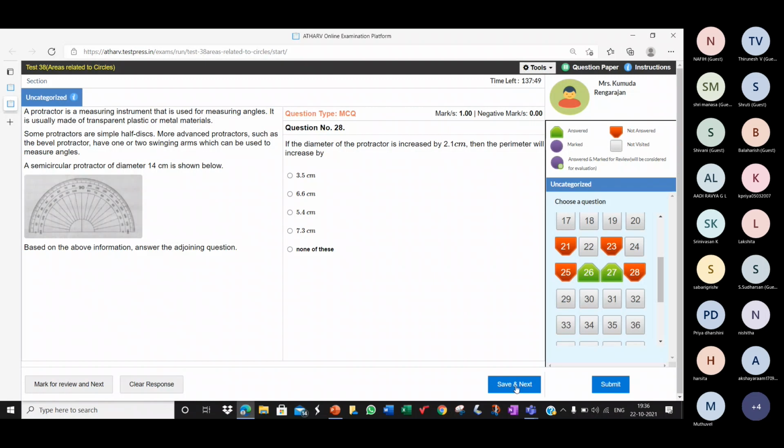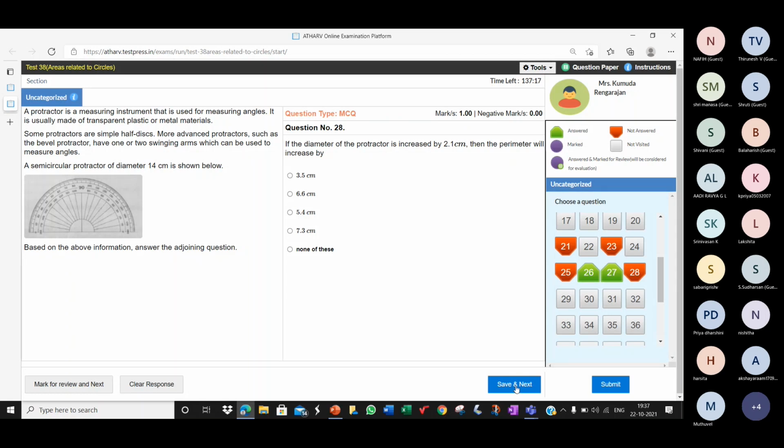Okay, Srinivasan, nobody's answering. What was the original perimeter? 36, ma'am. So what will be the new perimeter? 41.4, because the radius now becomes 9.1, right? It will be increased by 5.4.